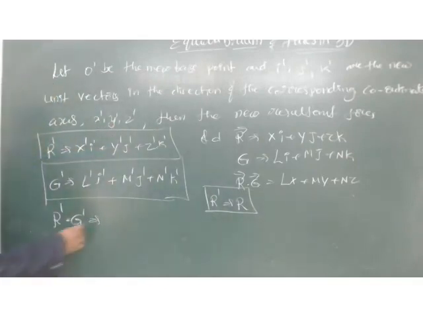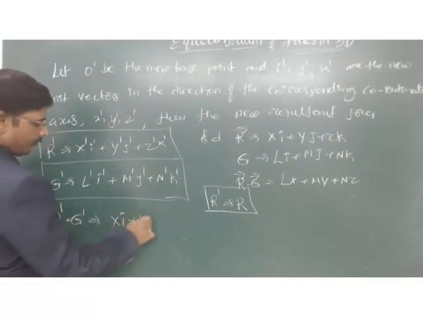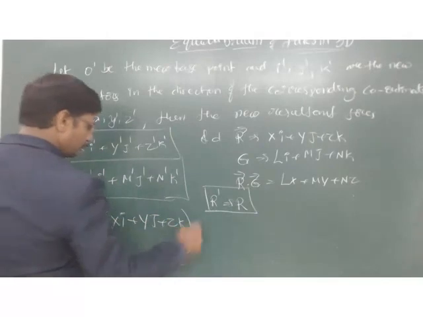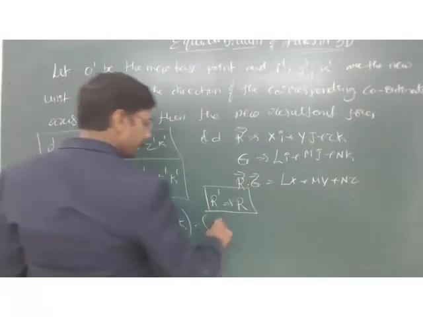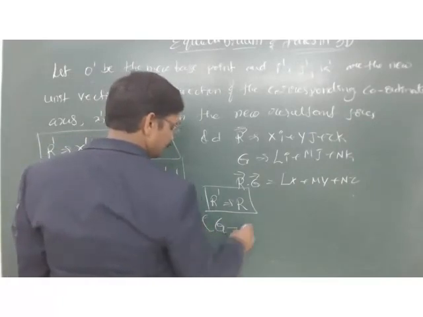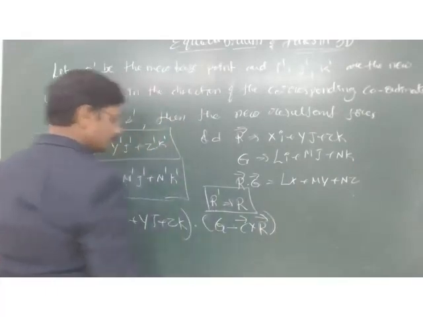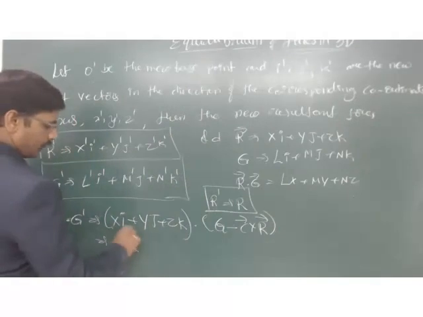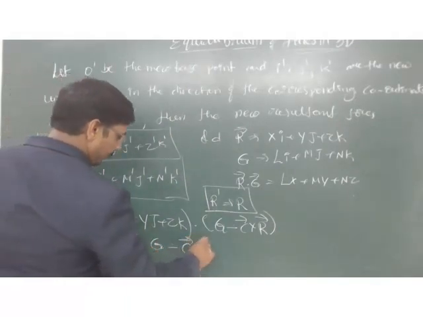So this can be treated as Xi plus Yj plus Zk dot product with G dash, so that is G minus C cross R. So this is nothing but R dot (G minus C cross R).